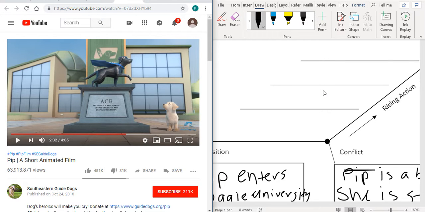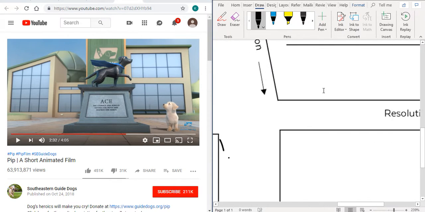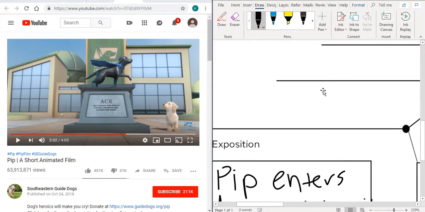Alright, now stop that one there. So there were a few different actions in the rising action parts there. So first one, let's go back over here. The first one is that Pip, I suppose, is finding her feet.